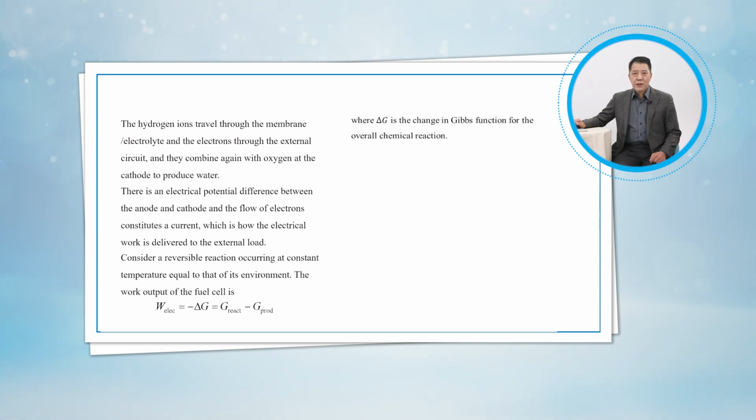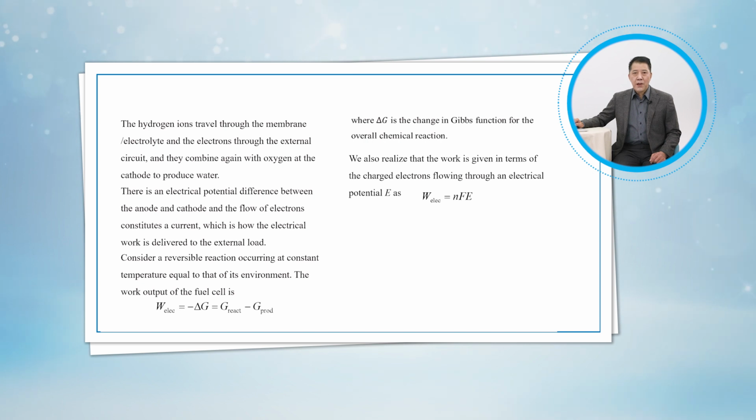Consider a reversible reaction occurring at constant temperature equal to that of its environment. Based on equation 13.35, the maximum work output of the fuel cell is, where delta G is the change in Gibbs function for the overall chemical reaction.